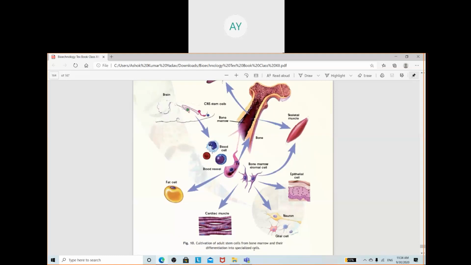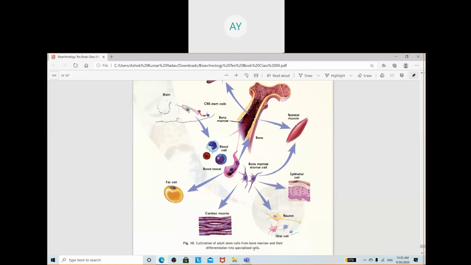Suppose on any occasion your cornea is affected with cracks, then you will not be able to see. So scientists will take the skin of your body, culture that skin and modify it, meaning differentiate that skin into cornea, and then that cornea can be fitted inside your eye, and now you are able to see.